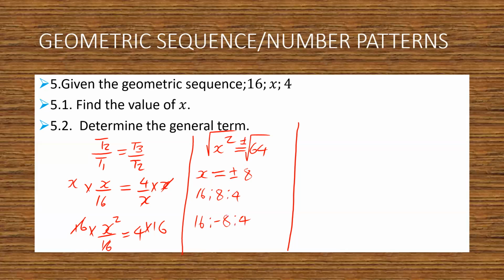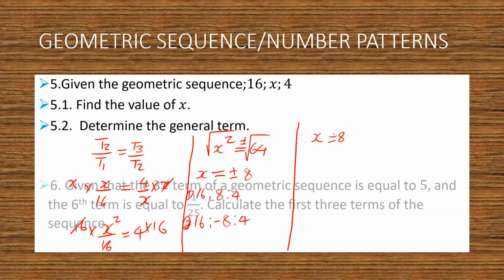Between these two sequences, which one is giving you a common ratio? Is it the first one or the second one? It's the first one. So basically, it means that x must be equal to 8. You got it? Yes. All right.